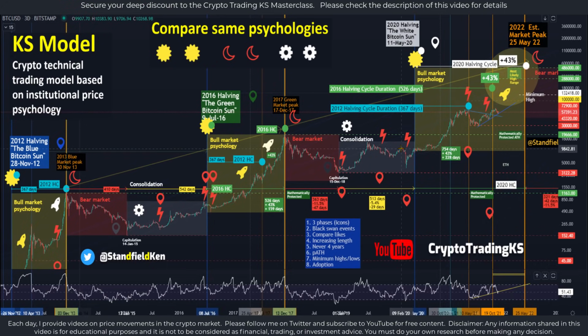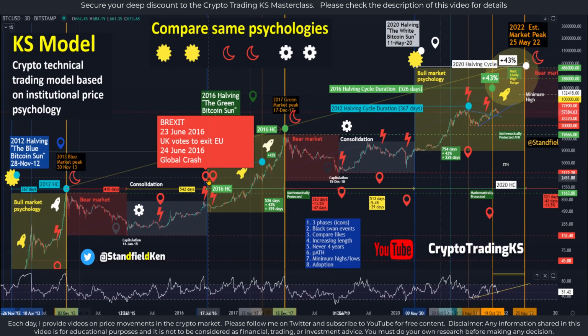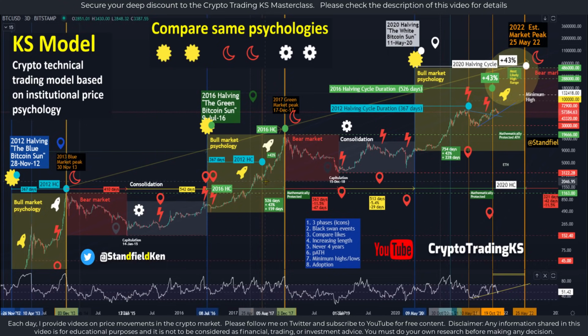If you look at the US liquidity crisis, the COVID crisis, on the 12th of March 2020, a lot of commentators look at this as normal price action. It is not. It was a black swan event and a very significant sell-off across all capital markets. What you can see here is that black swan events actually suppress price. That is what actually happens. But when things get into the bull market psychology, things start to really take off.